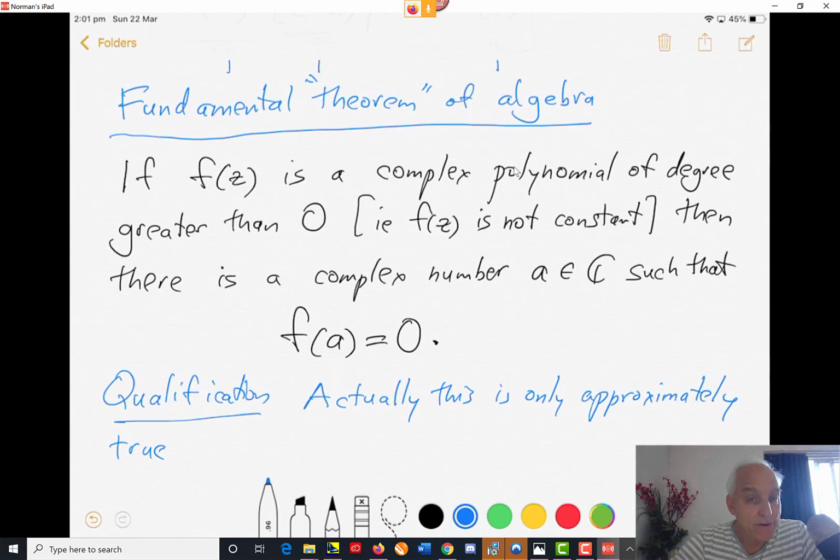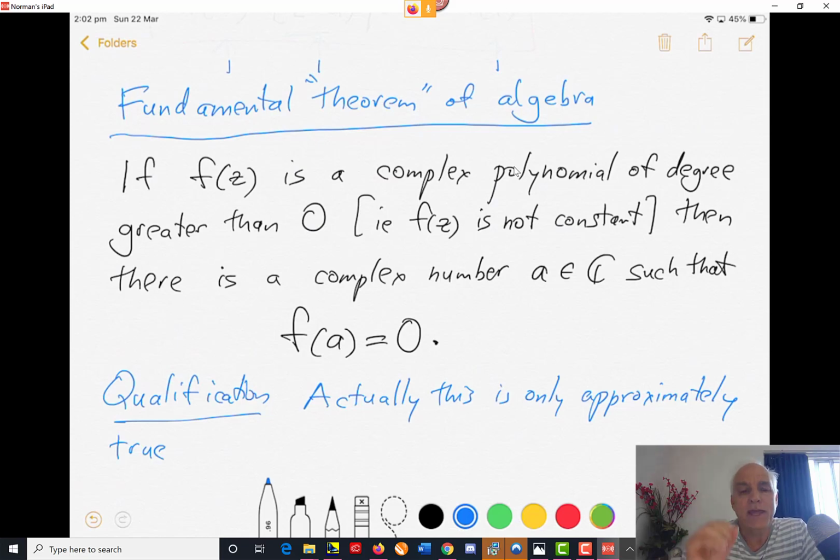So let's go back to our situation with the fundamental theorem of algebra. The theorem asserts that for any complex polynomial, even ones with complex coefficients, if it's not a constant function, then there is a zero somewhere in the complex plane. Now, what I've just been telling you is that this kind of statement ought to be interpreted in an applied or approximate sense.